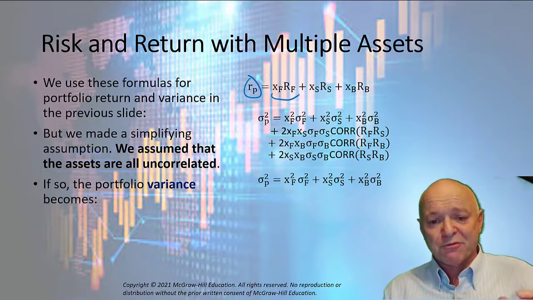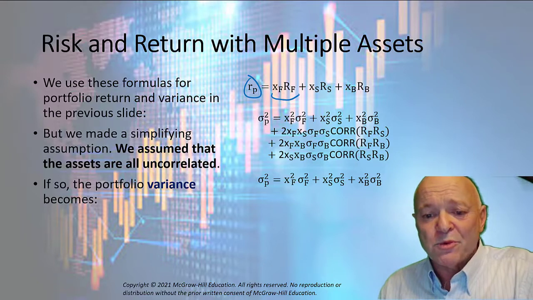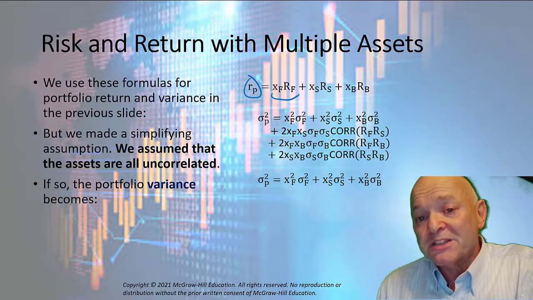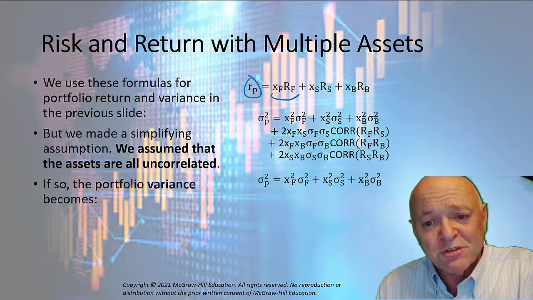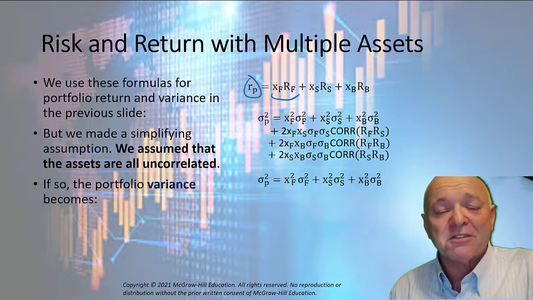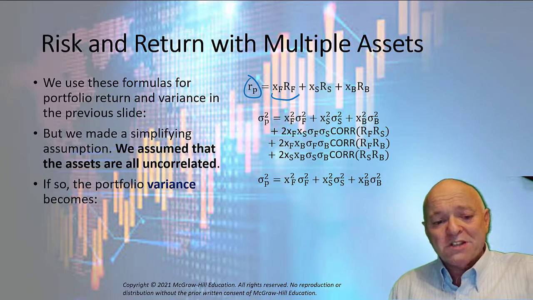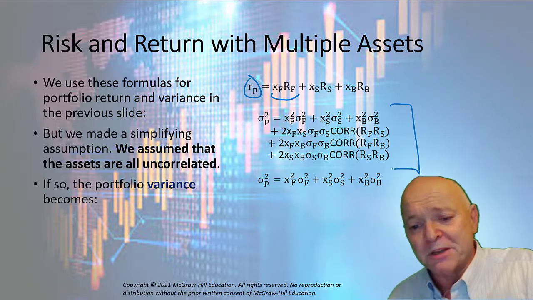So if we have foreign assets, stocks, and bonds, as in the last example, we have the first term, which is just the weight times the return, plus the second term, the weight of stocks times the rate of return for stocks, plus the third term, the weight of bonds times the rate of return to bonds. When we start to take a look at the variance, that term becomes a lot more complicated.